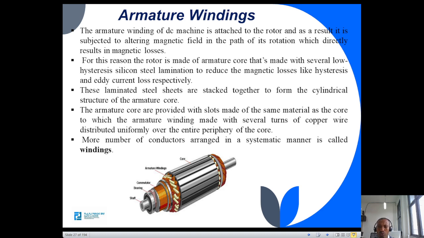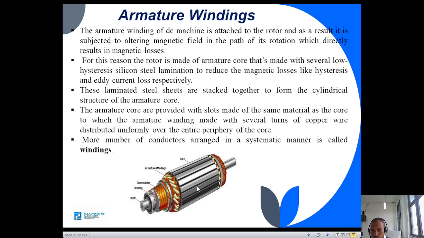The armature core is provided with slots made of the same material as the core, in which the armature winding, made with several turns of copper wire, is distributed over the entire periphery of the armature. As you observe in the laboratory and in this picture, our armature core has slots.